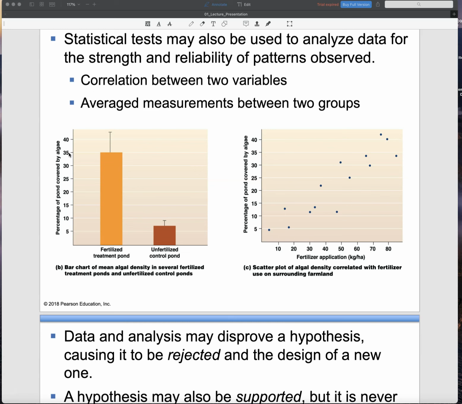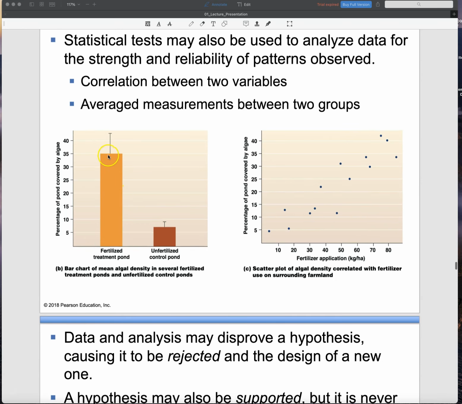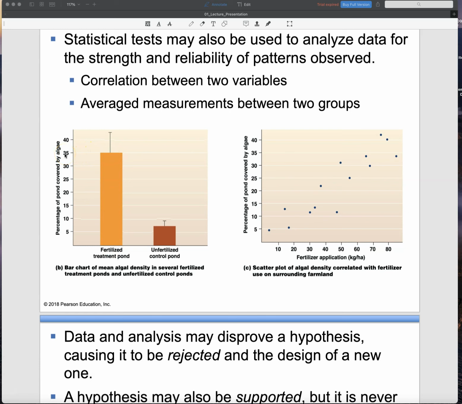Because when you have a lot of algae in ponds of water, that creates something that is called anoxia, what I mentioned to you just a few slides ago. So the height of this bar, for those of you that are not totally familiar with this type of information, corresponds to this number over here. So this bar graph in here corresponds to 35%, and in this one is around probably 7%.